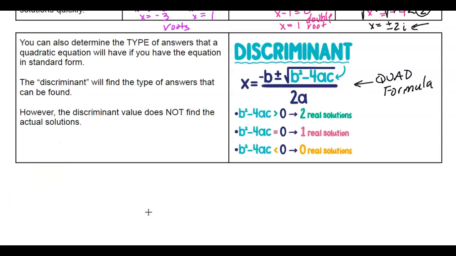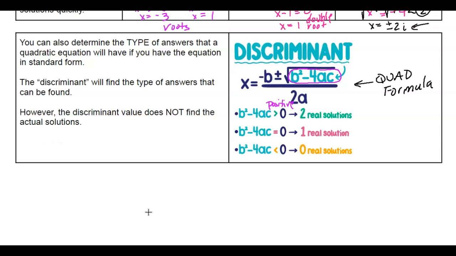The discriminant, though, is only the part that's under the root, and it does not include the root, okay? So if we only find the discriminant value, we can predict how many solutions our quadratic is going to have. So if we do b squared minus 4 times a times c, and we end up with a positive number, because it's greater than 0, that means that there's going to be 2 real solutions, like scenario 1.